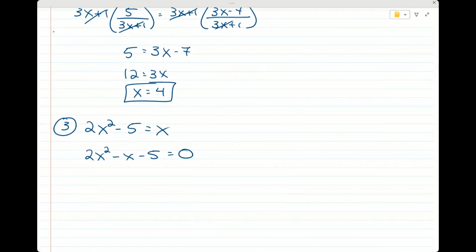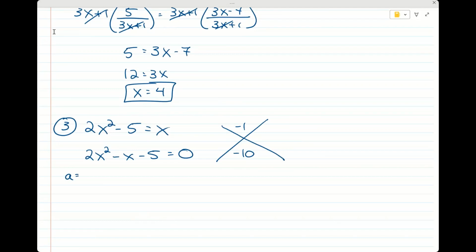And let's check to see if they factor. 2 times negative 5 is negative 10. Numbers that multiply to be negative 10 and add up to be negative 1 don't exist. So it looks like we could either complete the square or quadratic formula. It seemed like you liked quadratic formula better in this class.